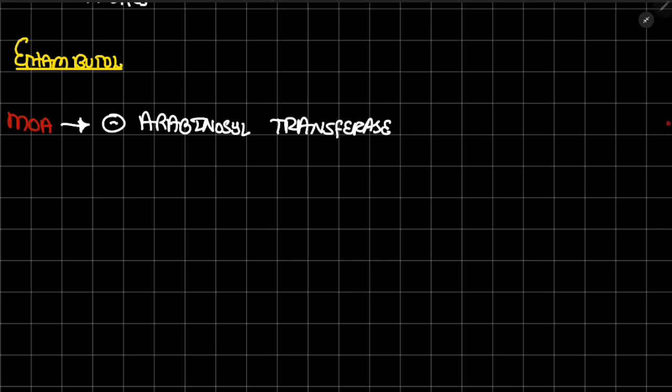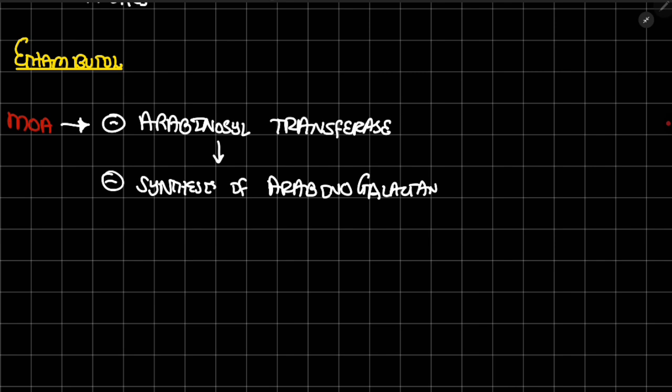Okay, so what will this arabinosyl transferase inhibition cause? It will inhibit synthesis of arabinogalactan. Okay, now if synthesis of arabinogalactan is not there, what will be the result? So it will lead to bacterial death.